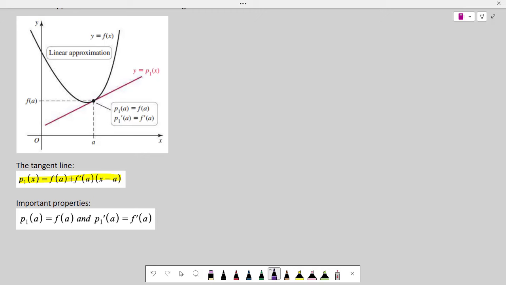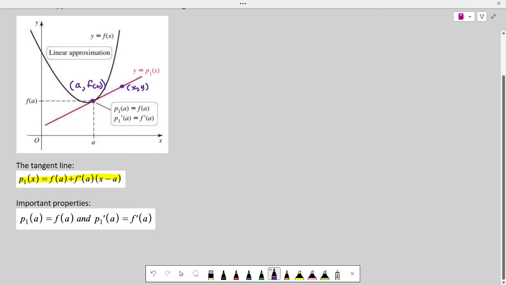We'll get to that. So, is anyone not clear on the tangent line here? We've got this point right here of tangency. That point of tangency is a comma f of a. And if we want to build this equation, we pick a general point out there, and the general point is x and y.